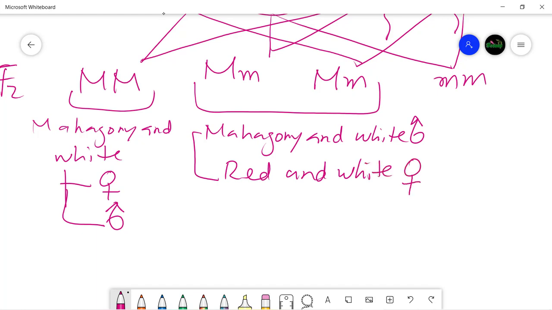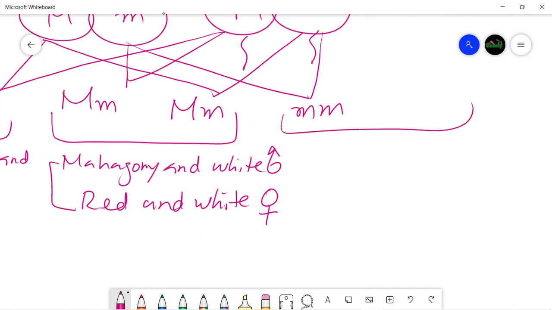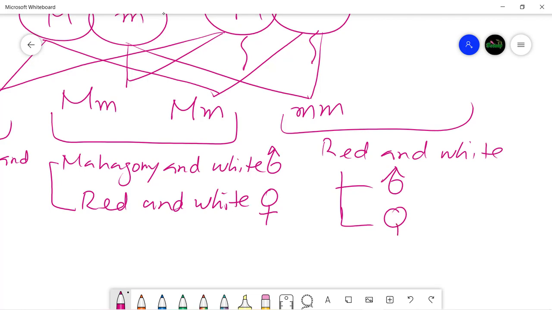So its effect is different in sex. So this particular pair of alleles, that is heterozygous condition, is influenced by the sex of the individual. And as far as the last case is concerned, we have already seen it. It would be red and white, both in bulls and cows.